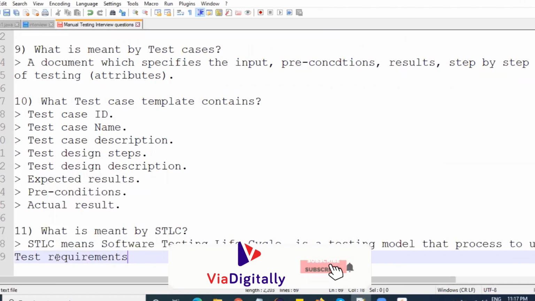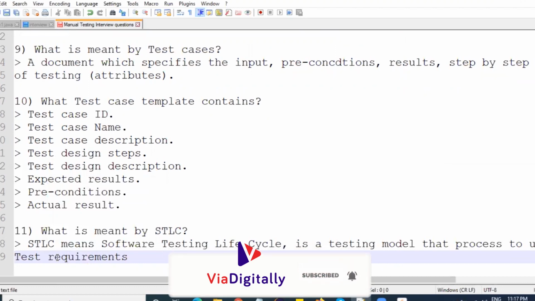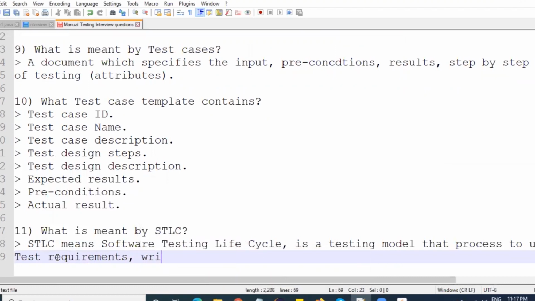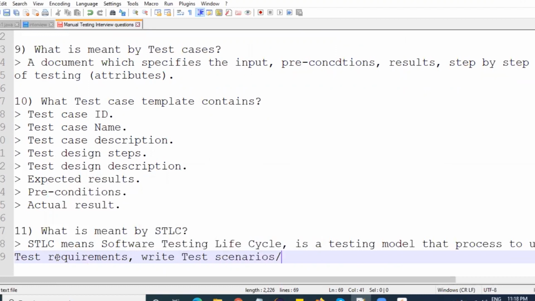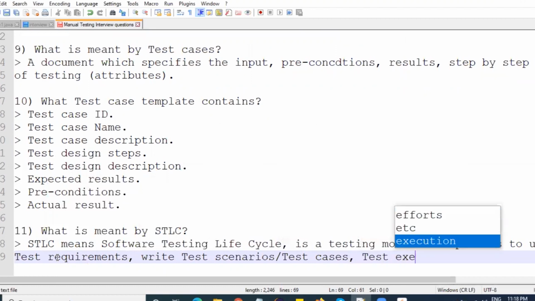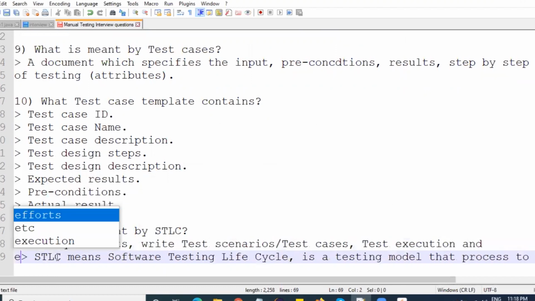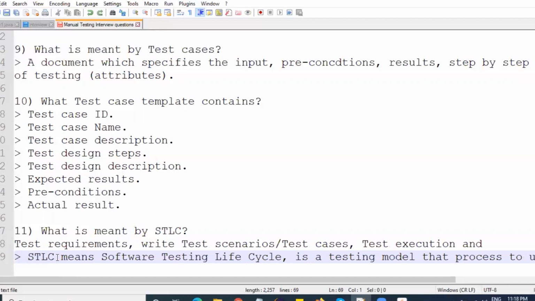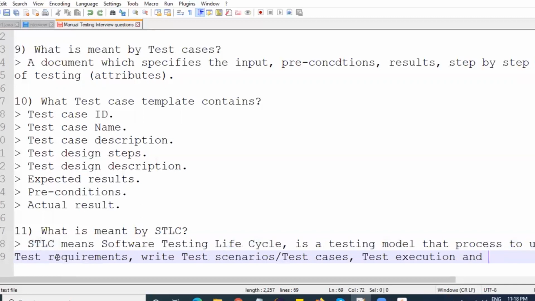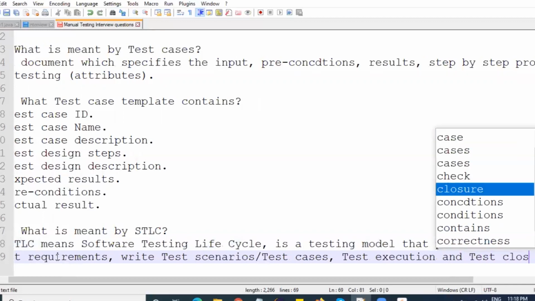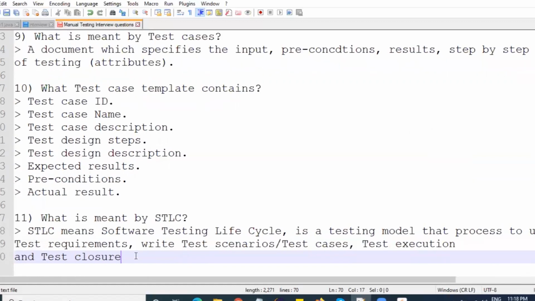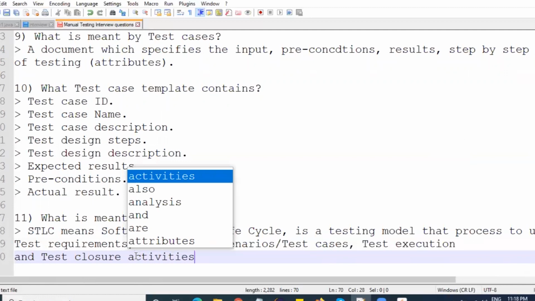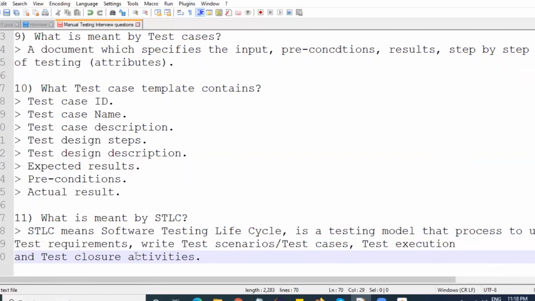Using the test requirements, first of all you will write the test scenarios and test cases. Later we'll have test execution of the application, and then test closure activities. So these are the things we'll do in STLC.